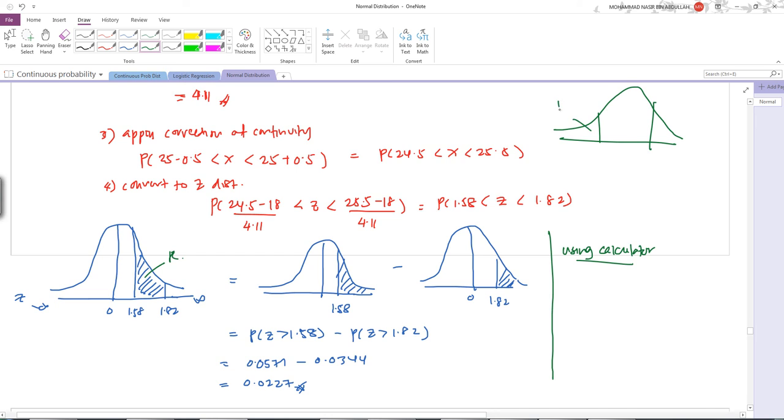This is P, this is Q, and this is R. So we need to find R 1.58 minus R 1.82. So you will get 0.0226774. Okay?